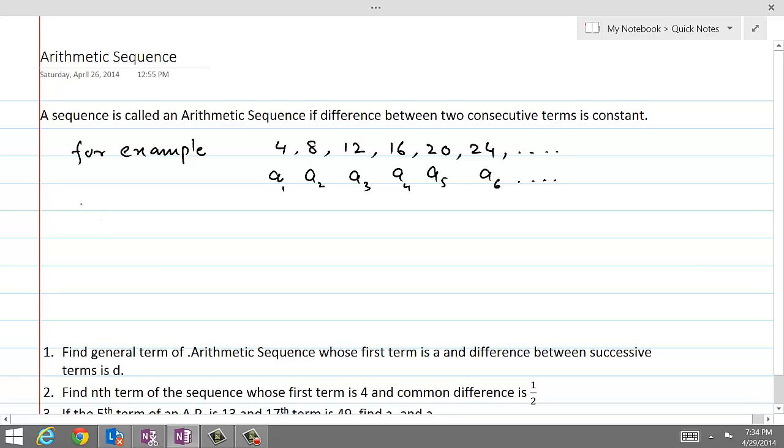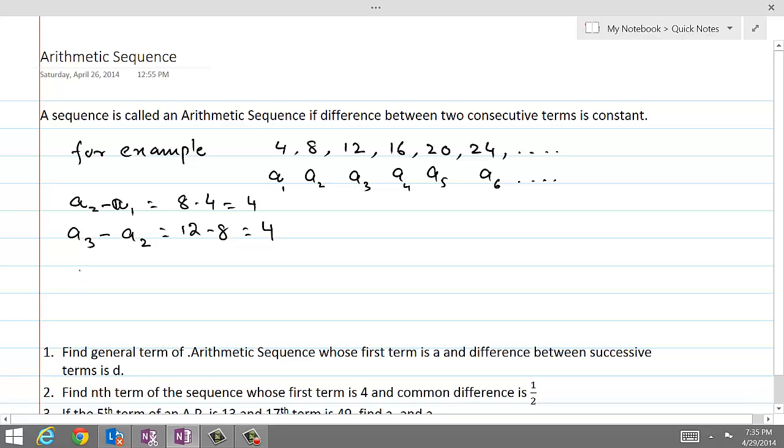Here A2 minus A1 is equal to 8 minus 4, that is equal to 4. But if you take A3 minus A2, that would be 12 minus 8, and this would be 4 again.